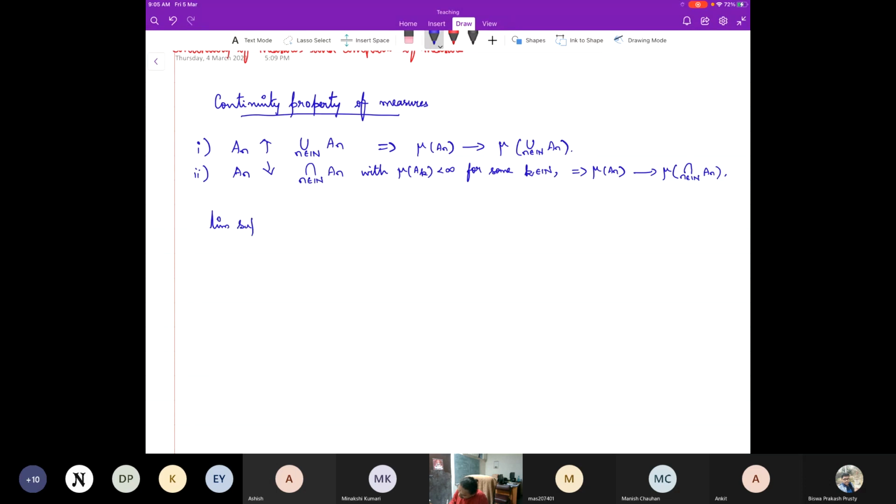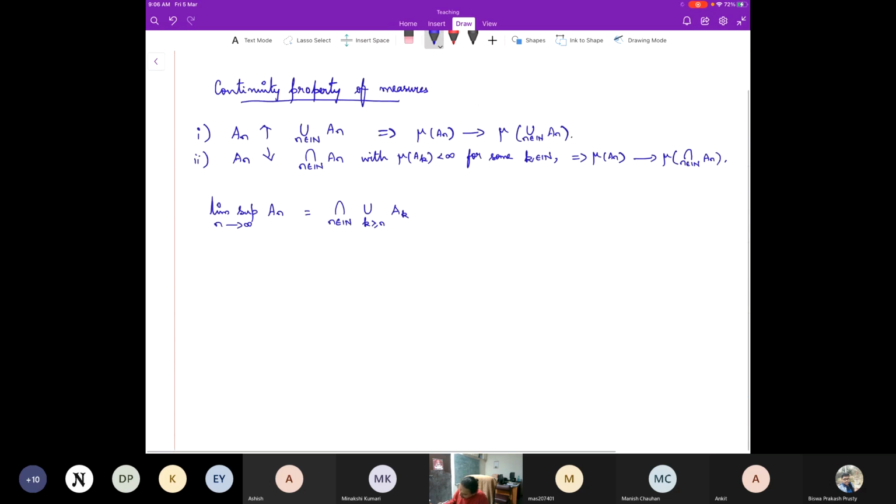And then we defined two concepts known as lim sup and lim inf. Lim sup of a sequence is the intersection over n in N, union over k greater than or equal to n, of A_k.